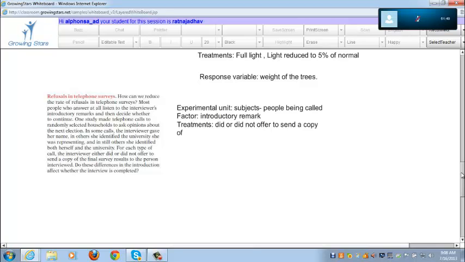That's not the treatment. Here the introductory remark is the factor.